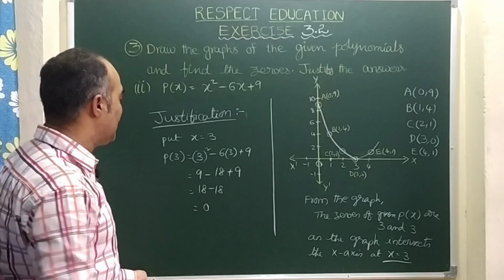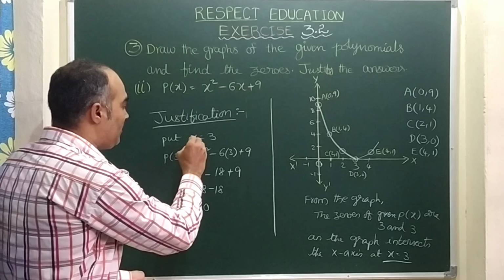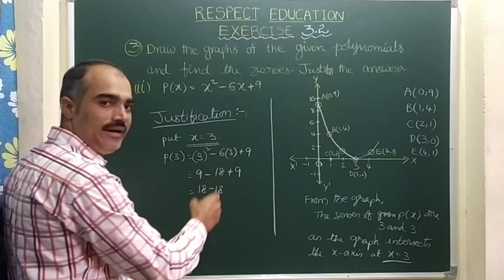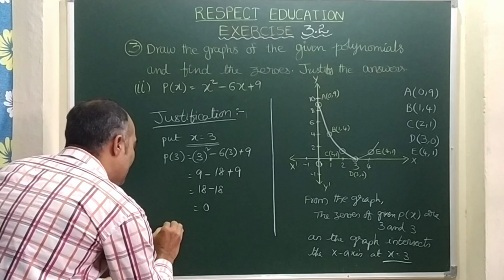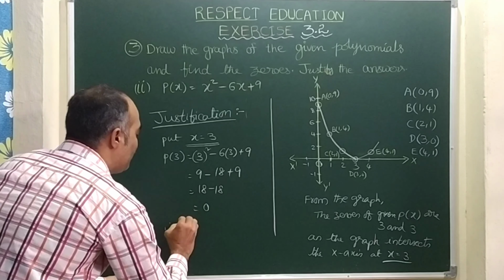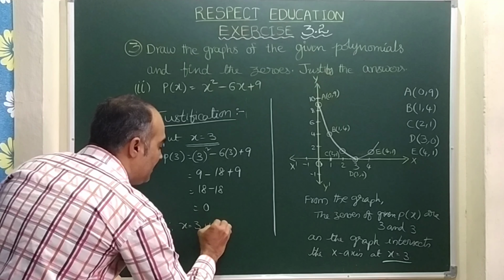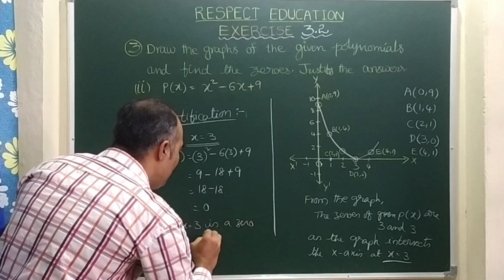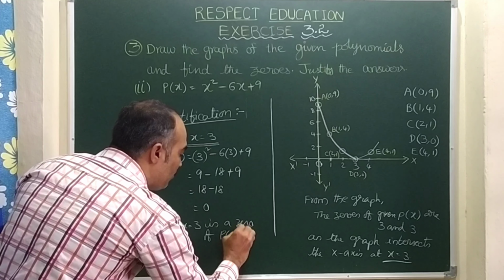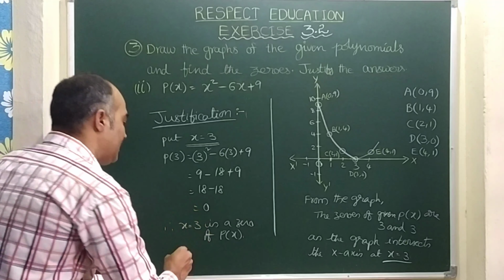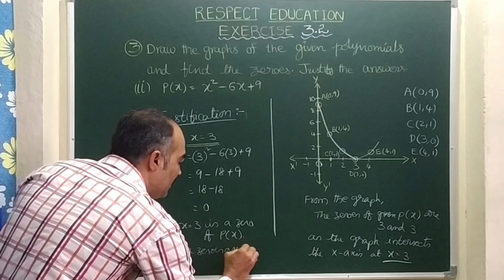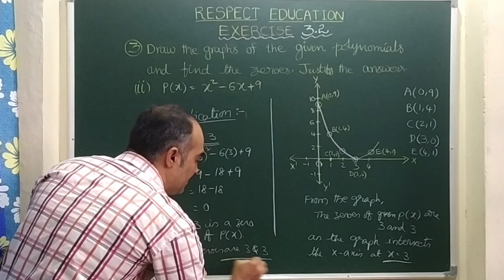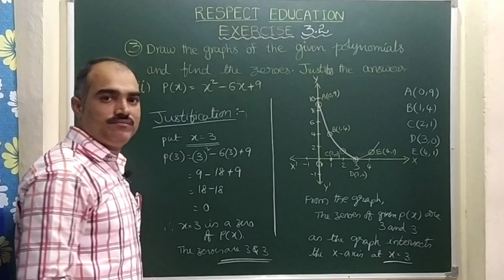That means here you see children, the value x equal to 3 made the polynomial 0. Therefore, x equal to 3 is a zero of the given polynomial p of x, or we can write it as the zeros are 3 and 3. That's all.